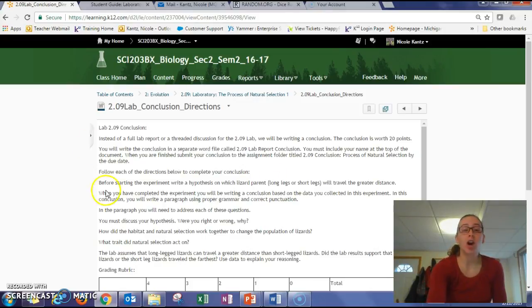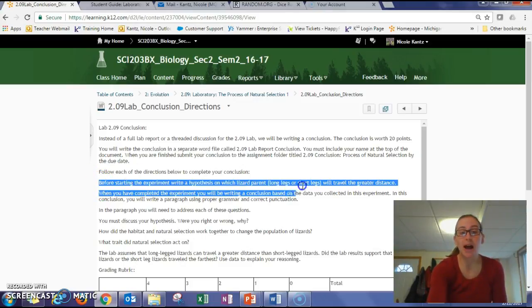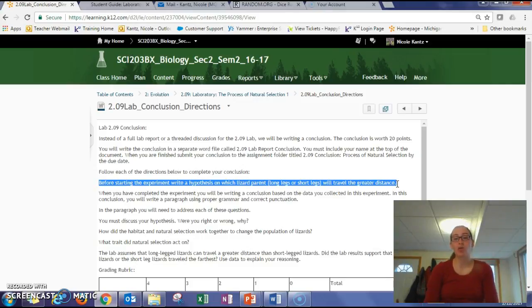So you're also going to want to maybe print this off as well, so that you have in front of you what you need to be answering as you're going through. But before you even start, there's this part that says, before starting the experiment, write a hypothesis on which lizard parent, long or short legs, will travel the greater distance.